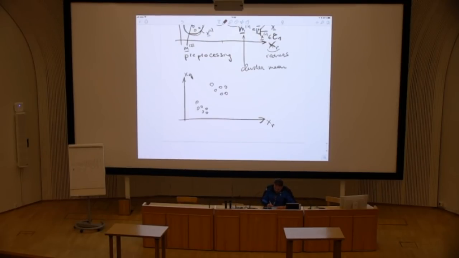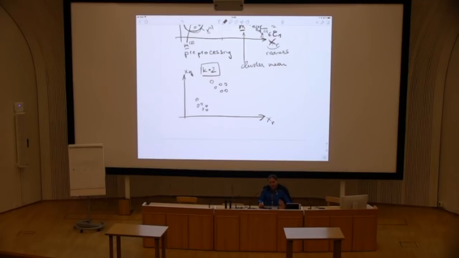Let's say we know we want to have two clusters. Sometimes the application or the problem you're looking at, for example here categorizing images into grass or no grass, suggests what the number of clusters is. So let's say we have two clusters. How do we find the two clusters, if there are two clusters in the data set? Or let's put it another way, how do we find a good choice for two clusters?